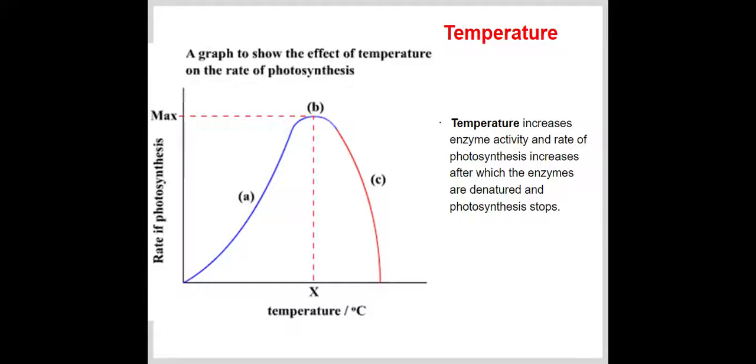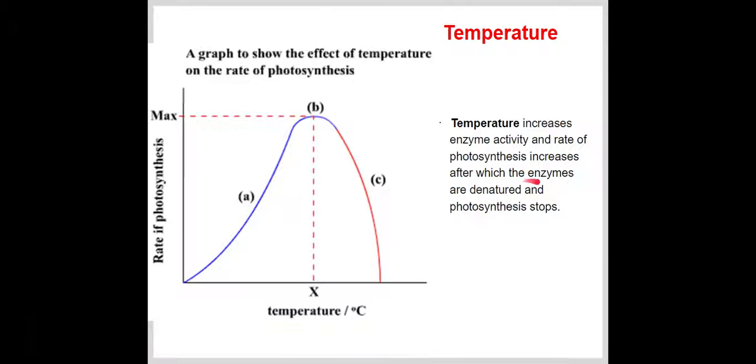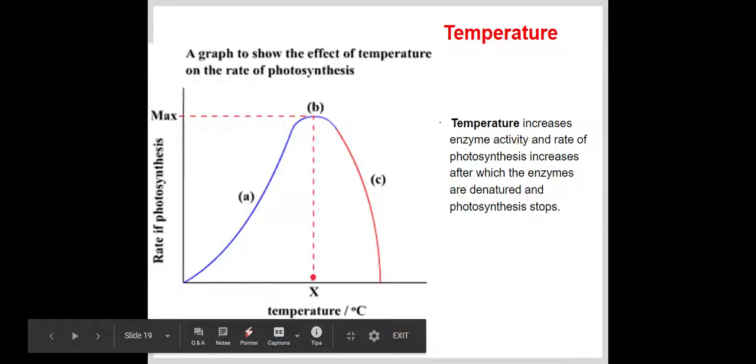So as temperature increases, the enzyme activity and rate of photosynthesis increases, after which the enzymes are denatured and photosynthesis stops. We can see here at point B, we've got the maximum rate of photosynthesis at that temperature, which could be 25 degrees Celsius.